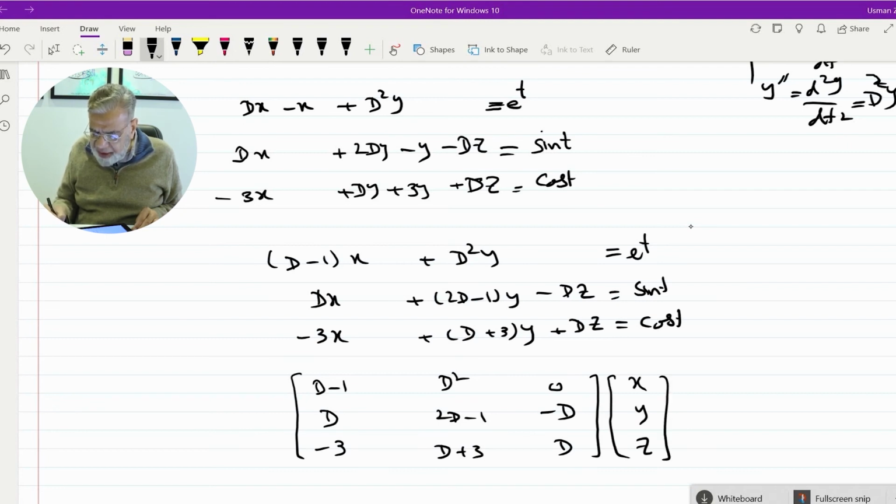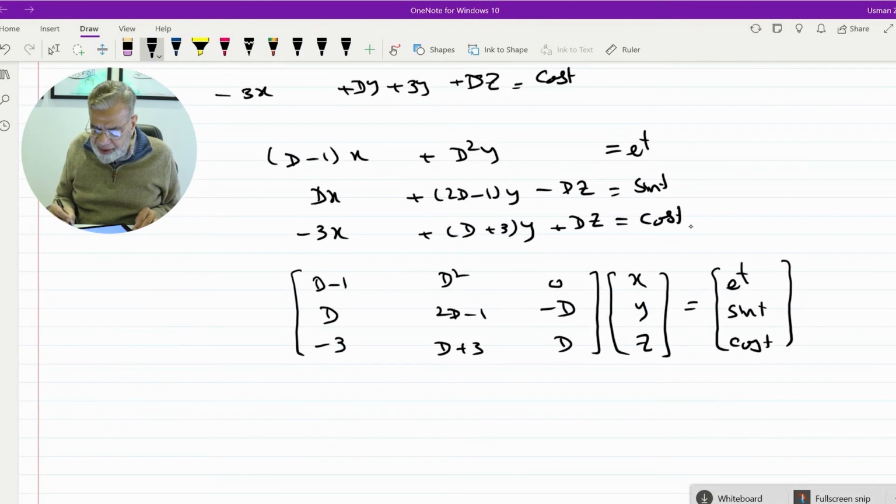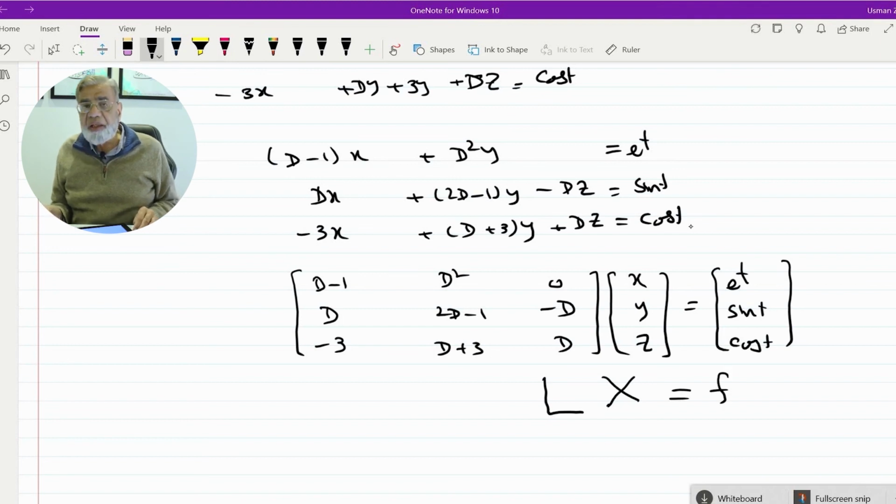Then our right hand side is e to power t, sine t, and cosine t. So this is our matrix form. Here I can write this as my matrix L, the matrix of coefficients, which are differential operators. Here x is the unknown, and f is the right hand side. This non-homogeneous differential equation we can write in this form.